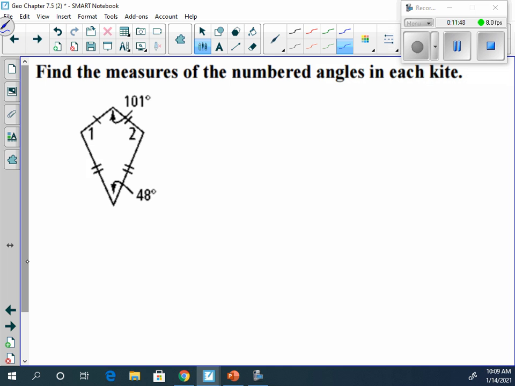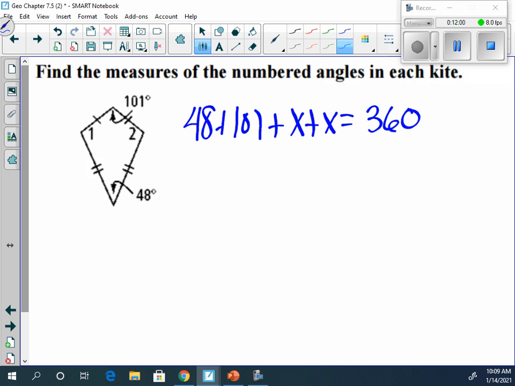We know that all 4 angles add together to be 360. So I can add 48 plus 101 plus x plus x equals 360. And the reason we can do this is that angle 1 and angle 2 are congruent. X plus x will give me 2x. 48 plus 101 is going to be 149.